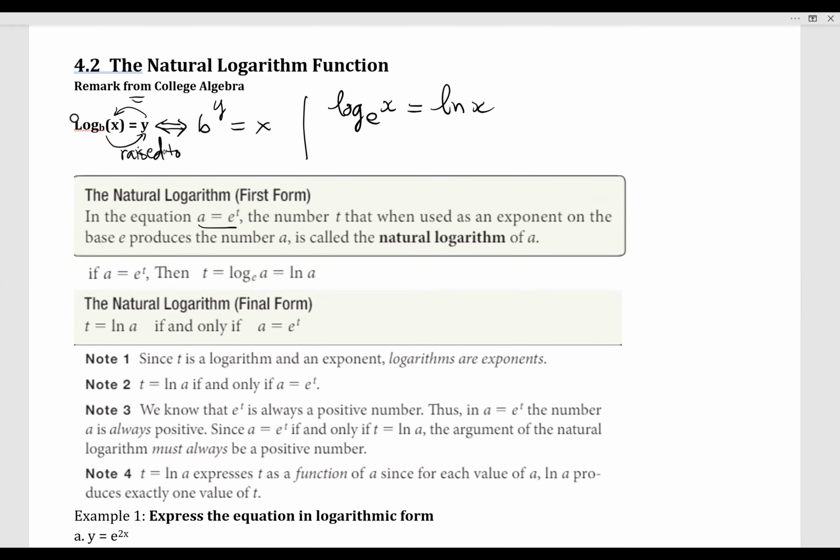So you can rewrite this as ln a equals t, right? You can see that if a equals e to the t, then t is equal to ln a.